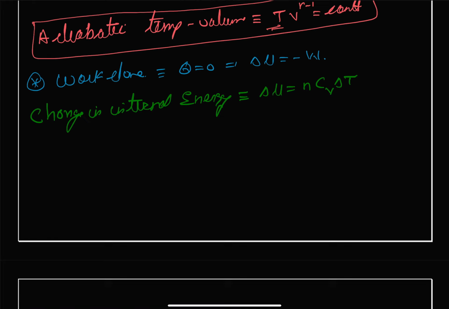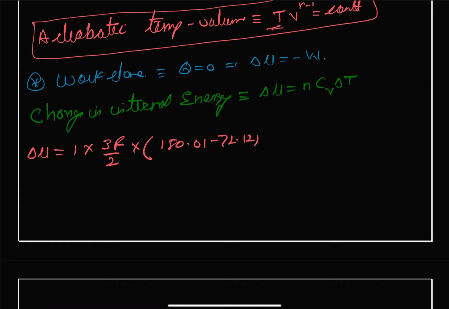Therefore we get delta U is equal to N is 1, CV is our 3R by 2, and delta T is T2 minus T1, which comes as 150.01 minus 72.12.